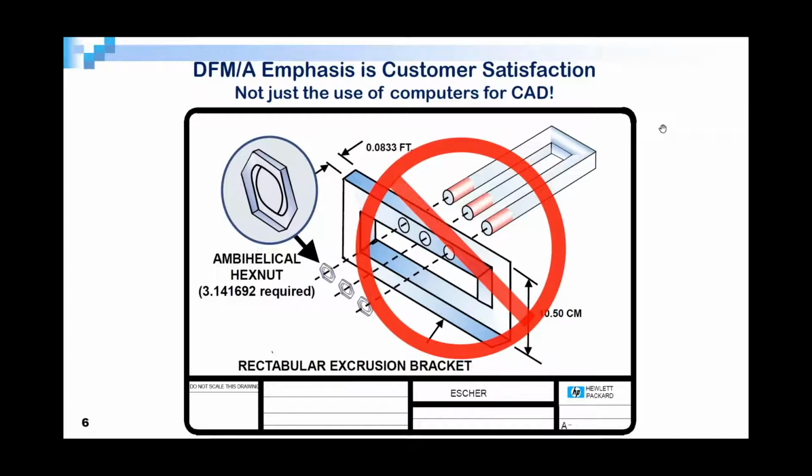And I like to emphasize to people over and over again on design for manufacturing assembly. Just because you're using computer software in a CAD system doesn't mean you're designing or inventing something that's manufacturable. Because believe it or not, a mechanical CAD system thinks there's absolutely nothing wrong with this diagram. And that's one reason why I like to use it.